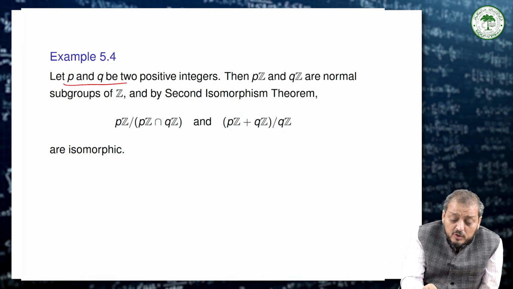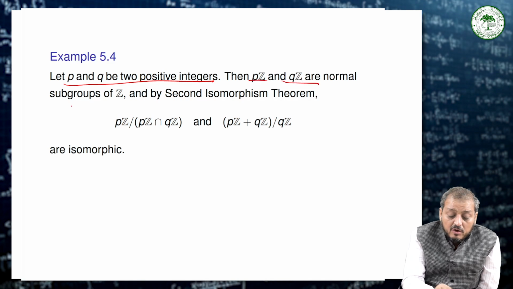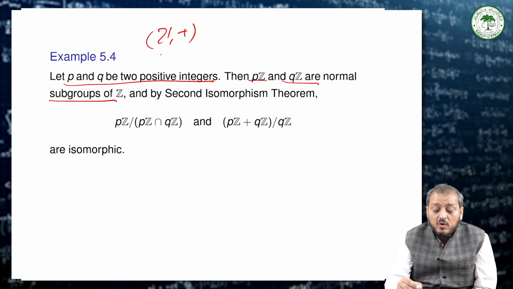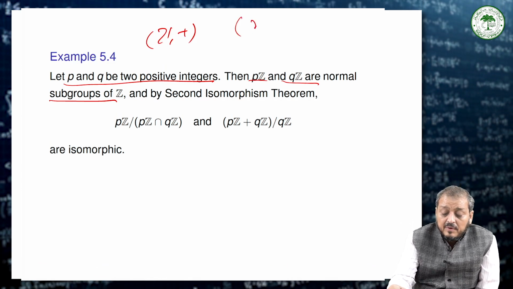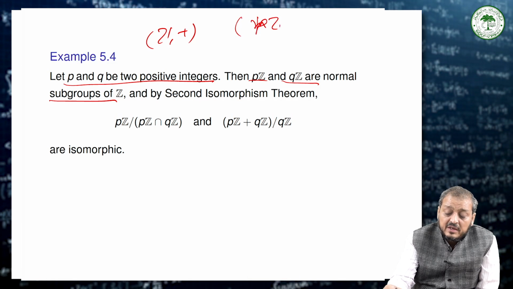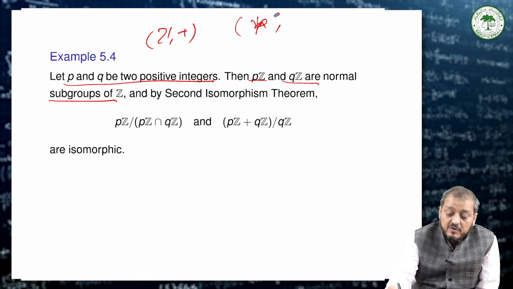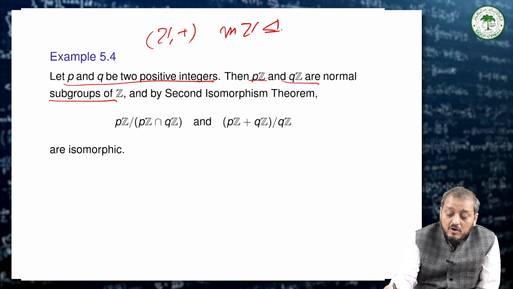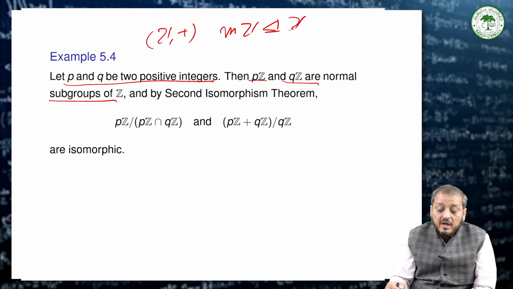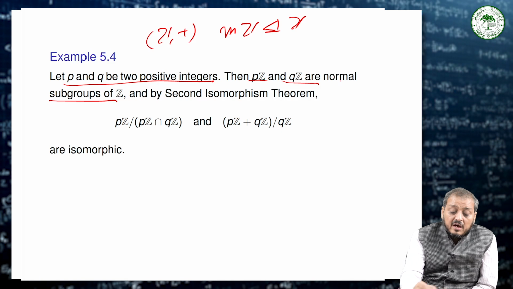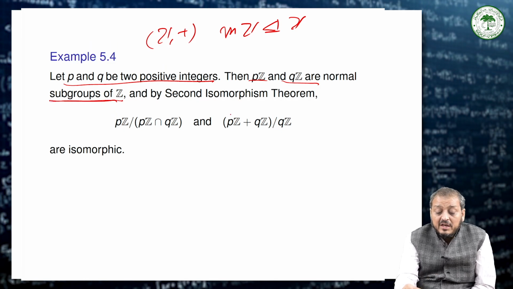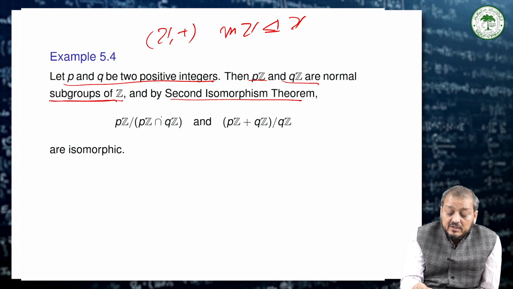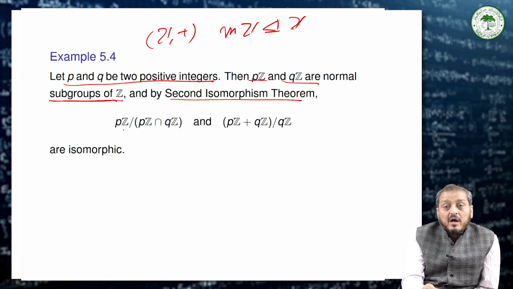If we take p and q to be two positive integers, pZ and qZ are normal subgroups of Z, because Z under addition is a group, and mZ for any m is clearly a normal subgroup of Z. Then the second isomorphism theorem says that pZ is normal, and pZ intersection qZ is normal in pZ.